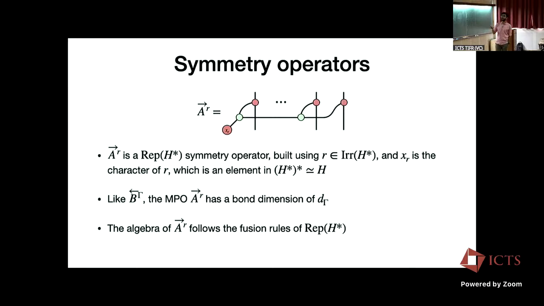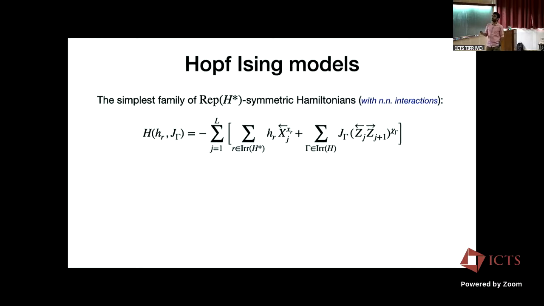I'm co-multiplying something that's in H. It may not be clear from this expression that this is translation symmetric, but because characters are co-commutative, you can show that this is indeed translation symmetric. You can also write a translation symmetric MPO. I can go into that later.